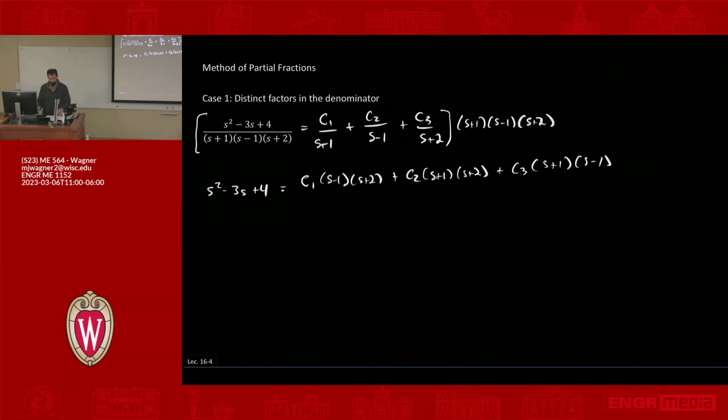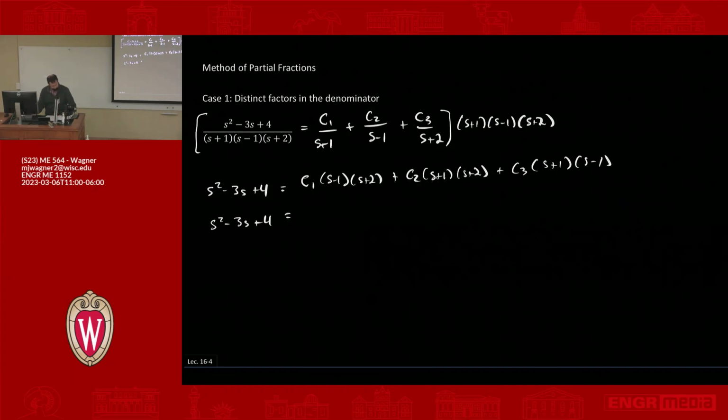Now let's multiply things out so we can see how this consolidates. So again, we have s squared minus 3s plus 4. Now if we multiply this stuff out, what do we get? Just make sure I get this right.